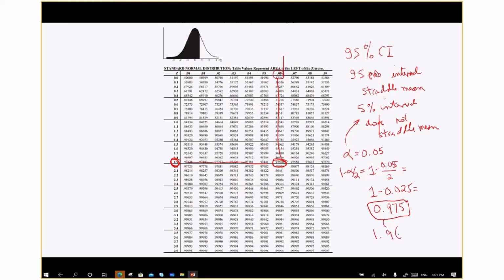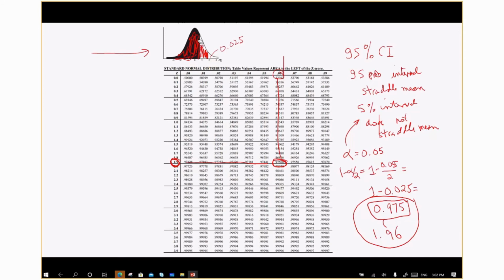Let's come up here and look at this graph and think of, well, what does this 0.975 and this 1.96 mean? 1.96 would be right about there. And what that implies is that 0.025 would be the probability of having a Z value greater than 1.96. So that's what that means.